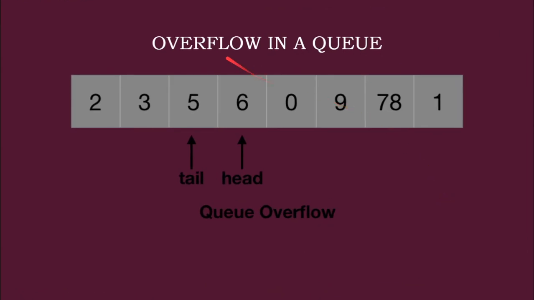Next is the overflow in a queue. We keep on adding values from the front to the tail. There are some cases where, when you are at the end of the queue and want to add some value, it naturally goes to the front of the queue.